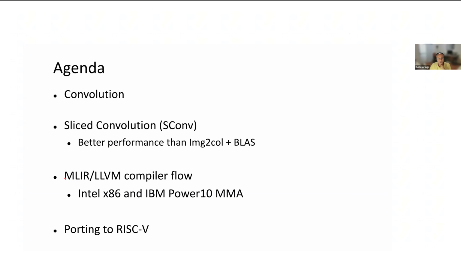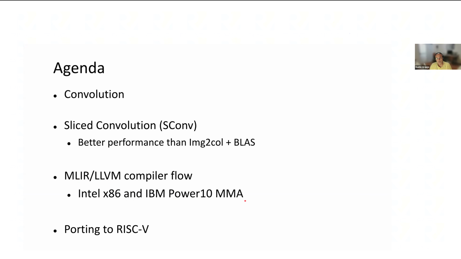In the third part of our talk, I'm going to discuss our compiler flow. Our compiler flow for machine learning goes entirely through the MLIR and LLVM flow. We show that we did that for x86 and for the IBM POWER10 with its matrix multiply assist. That's our baseline.